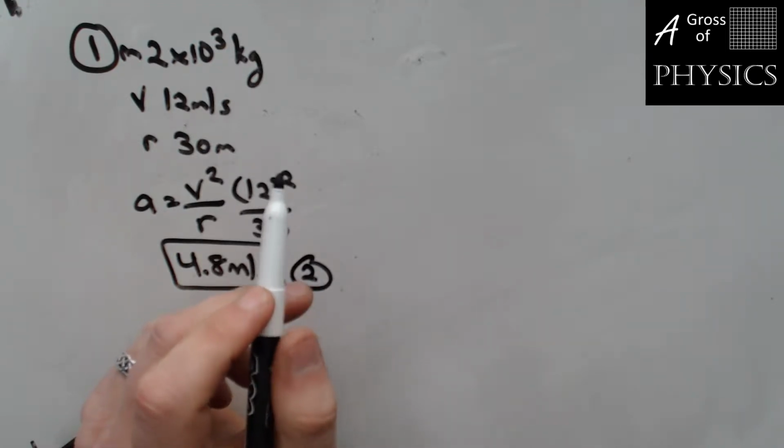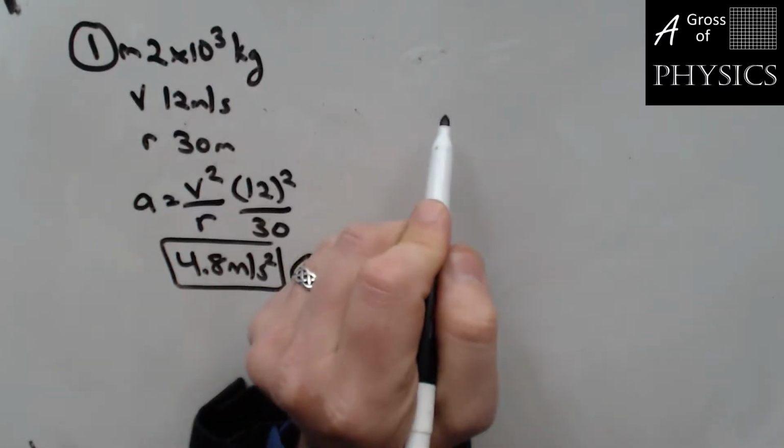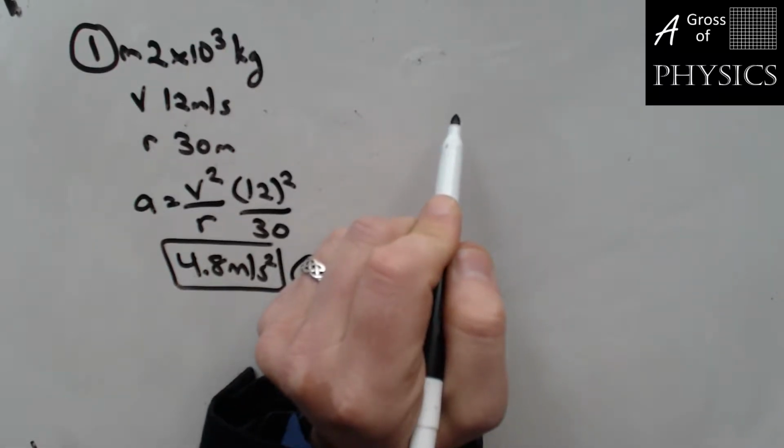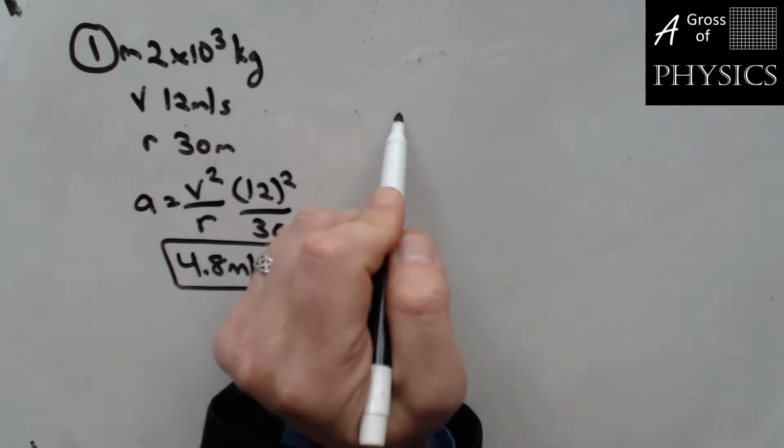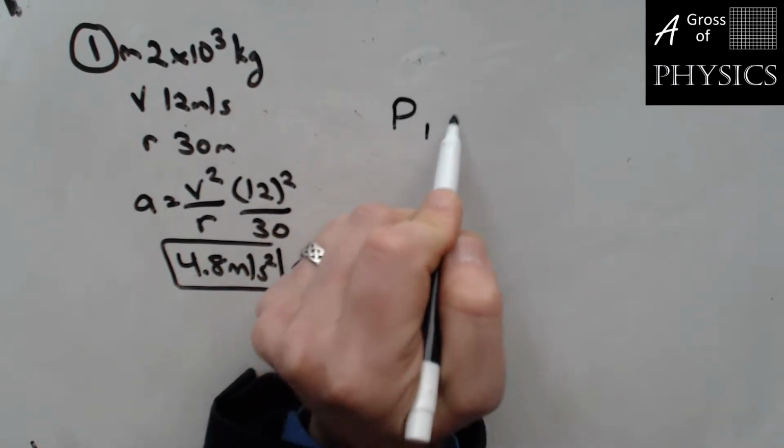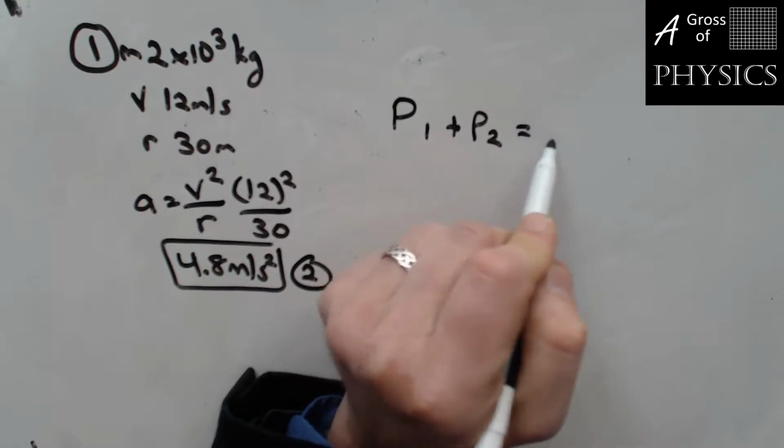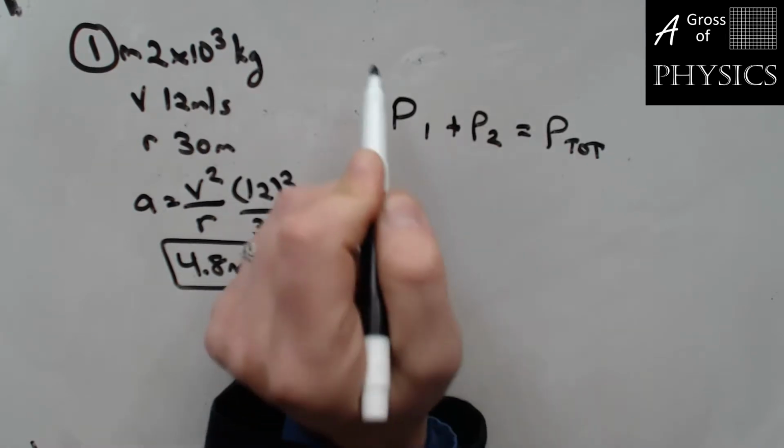Now we have a lump of clay colliding with a block. So this is going to be a collision, and it's going to be a conservation of momentum. So P1 plus P2 equals P total is number 2.